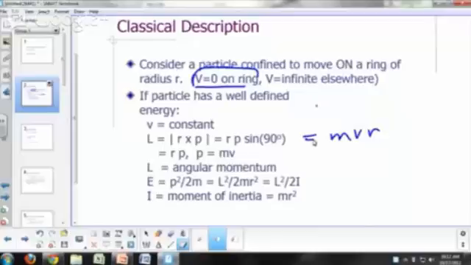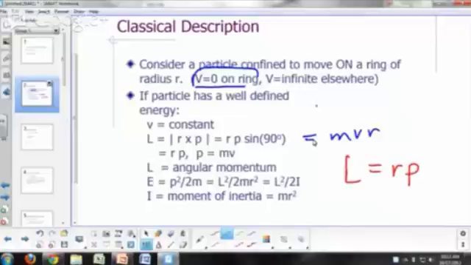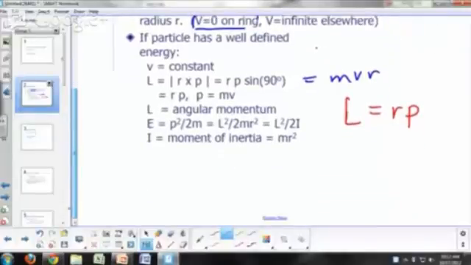Now, if the angular momentum is equal to r times p, then the kinetic energy is 1/2 mv squared, right?